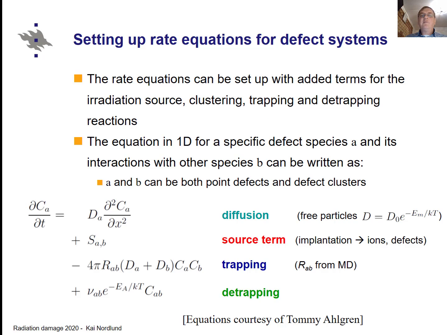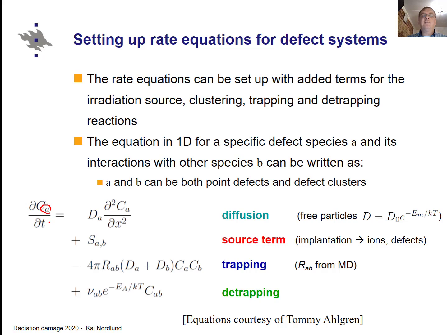So to give you a flavor of how rate equations work, in principle, it's a matter of solving partial differential equations. So for each defect species A, one has a concentration which can be a function of space. Typically, it's a function of the depth coordinate only, but in principle, it can be done fully in 3 dimensions.